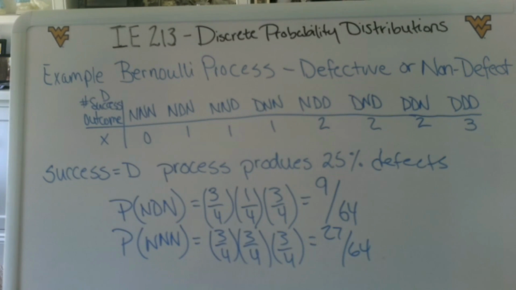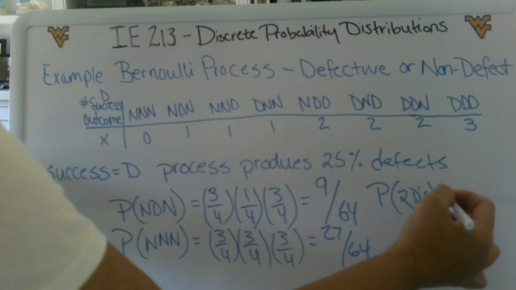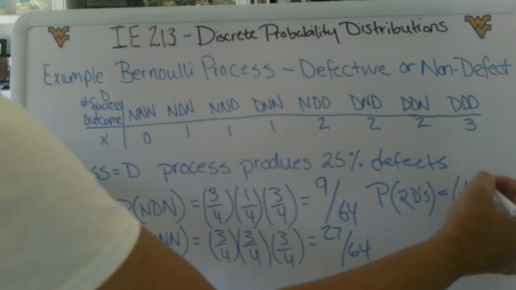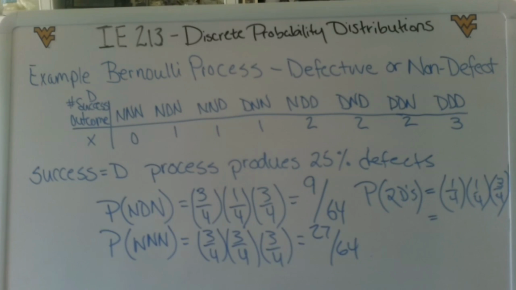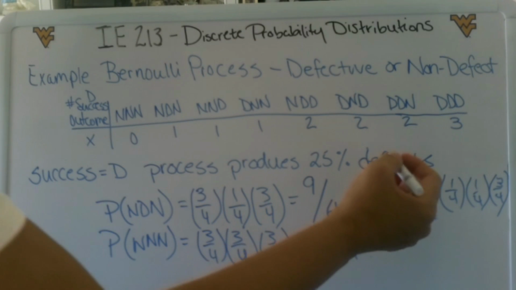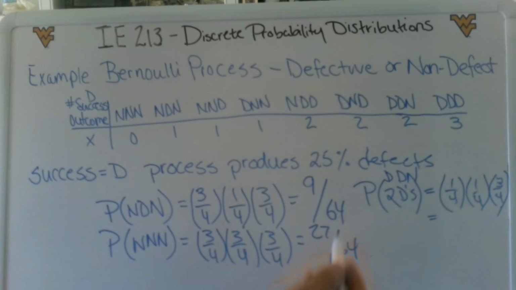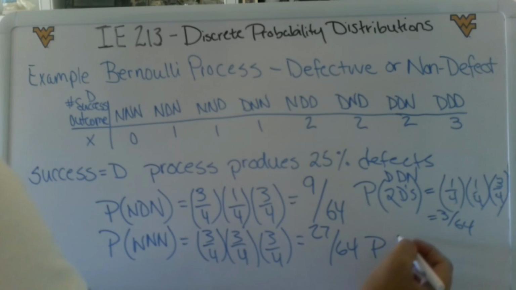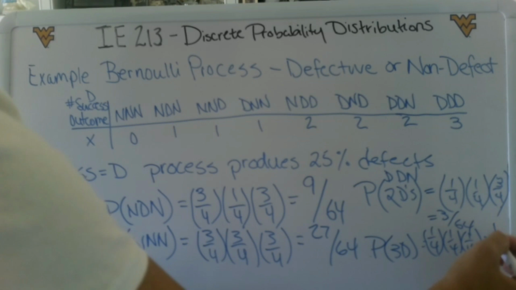And if we did the same thing for the probability of 2 D's, that would be 2 defects, so 1/4, 1/4, 3/4. A DDN would be an example. So it would be 1/4 times 1/4 times 3/4. You multiply those together, you get 3/64. And then the probability of 3 defects would be 1/4 times 1/4 times 1/4, which would equal 1/64.